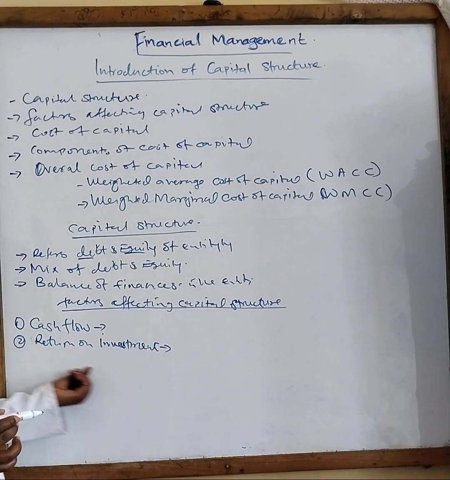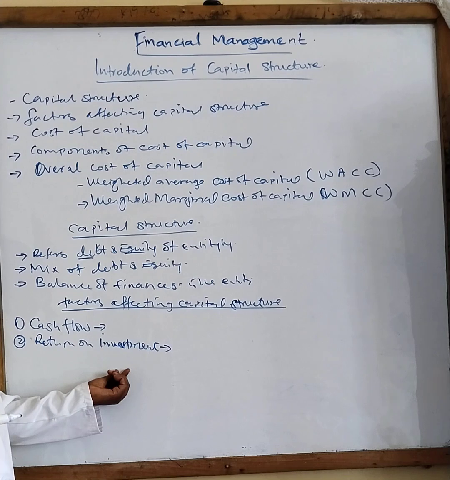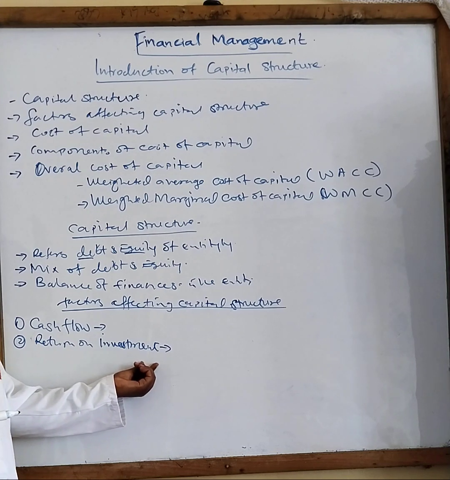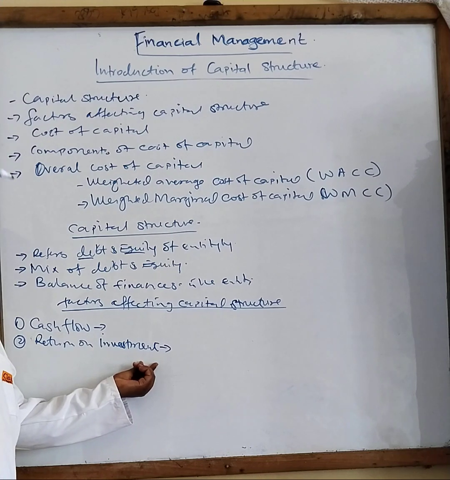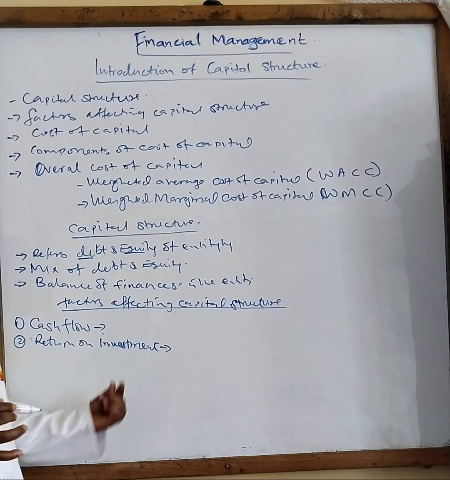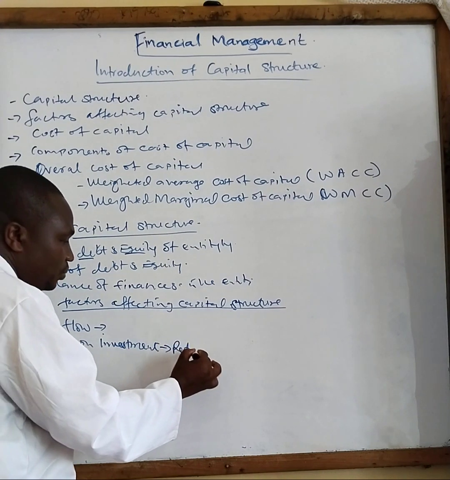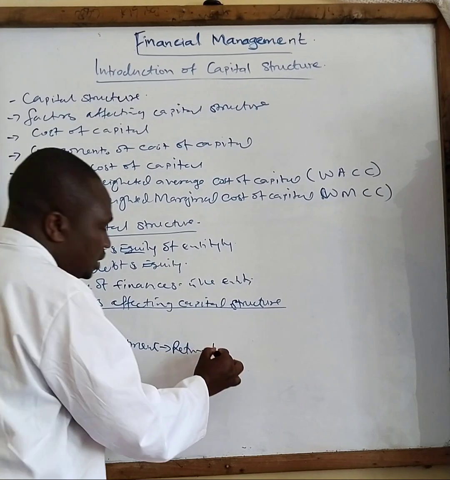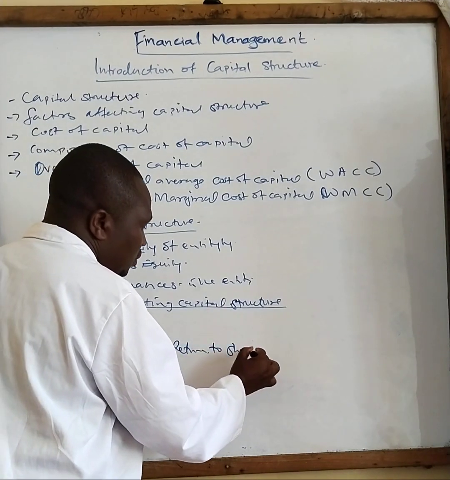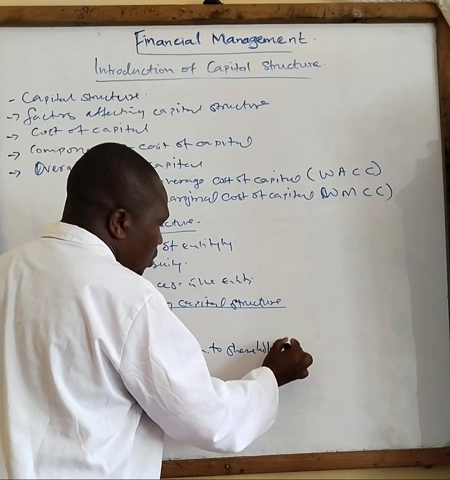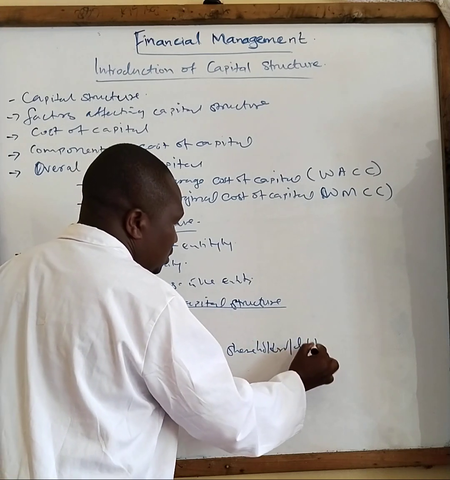When you talk about return on investment, we are talking about the benefits that accrue to the owners or the providers of the finances. It can either be the financial institution, or it can also be the shareholders of the entity. That means we are talking about the return to the shareholders or debt holders.